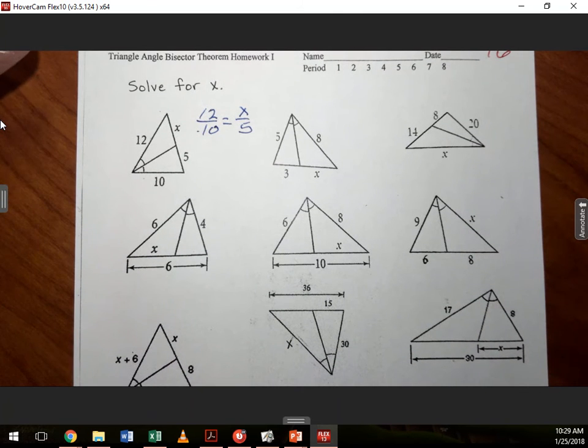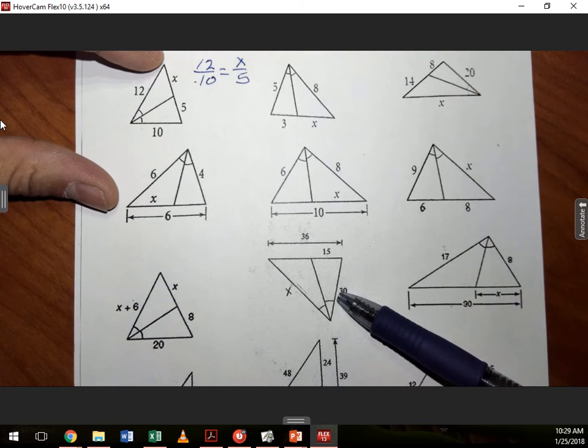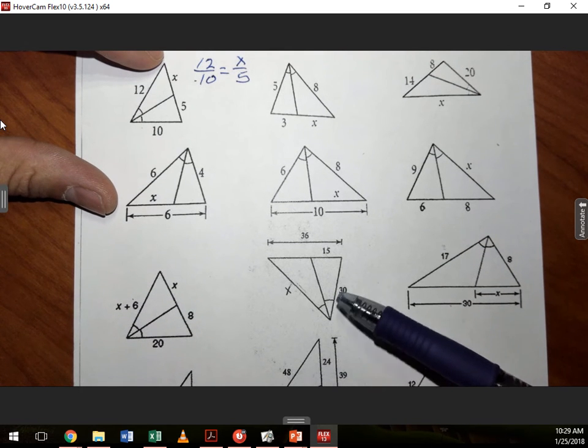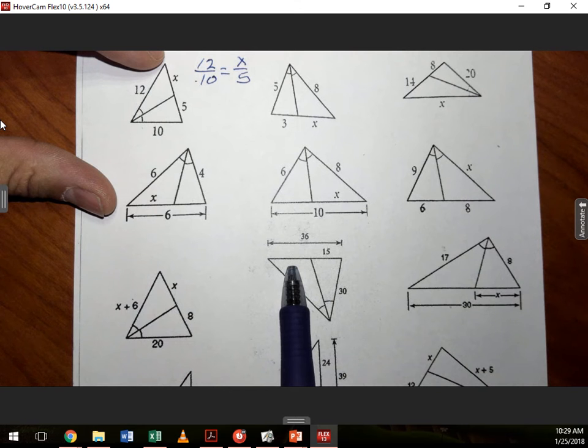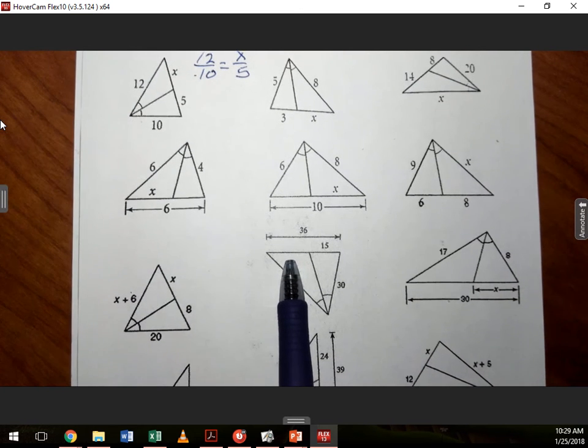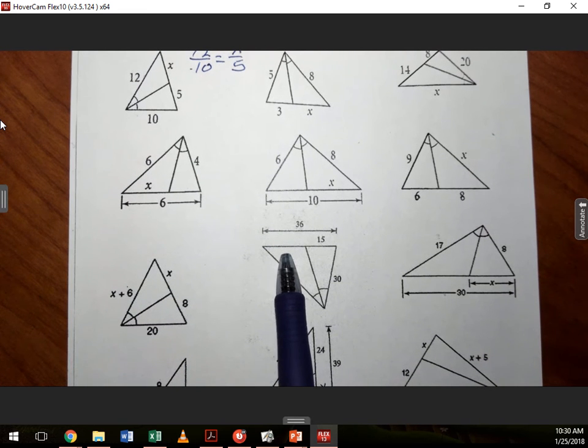Okay, now, before you answer that, I want to look at this one right below. Because the same mathematical steps happen here. How would I figure out, can I figure out what's missing there? Yes. What would you do? Now, you have to actually think about it mathematically of what would I do. 36 minus 15.